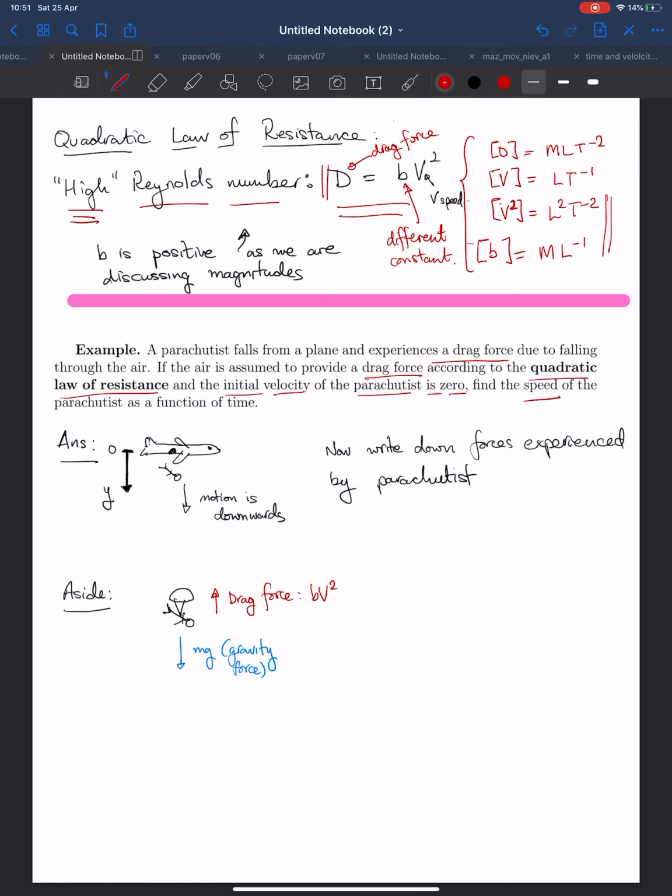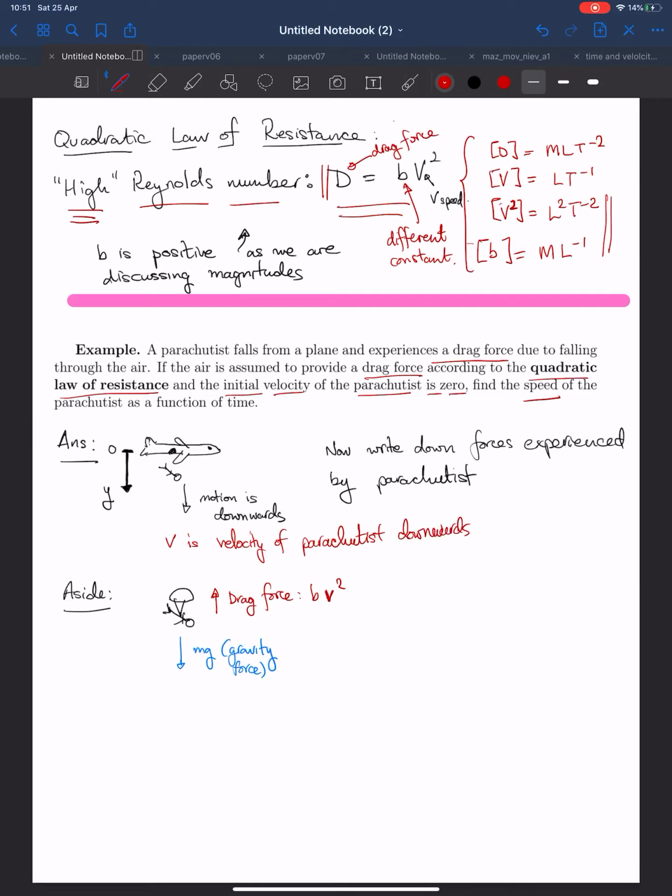Or even better, v is the speed. Well, because we have v squared, we'll have v lowercase squared, and here v is the velocity of the parachutist downwards.